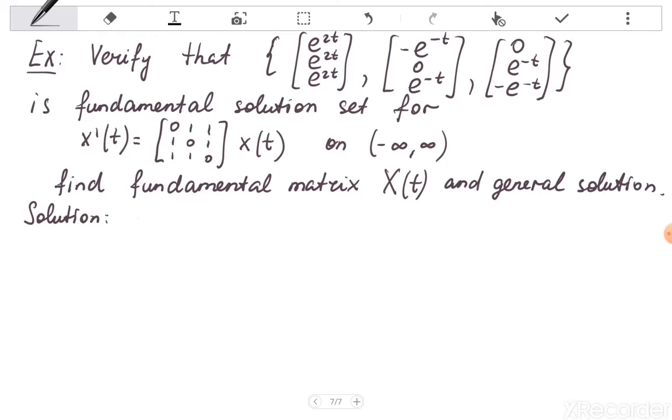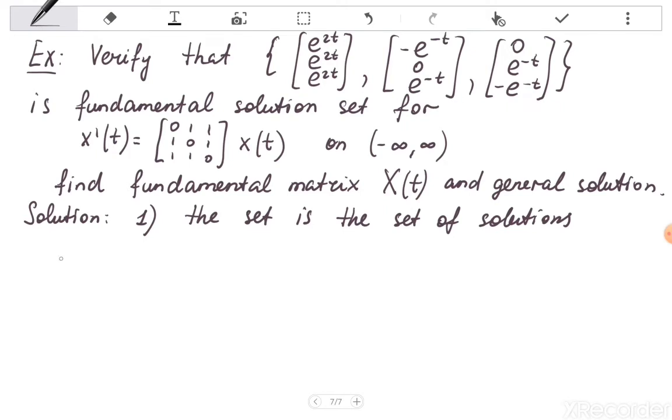Fundamental solution set means two things: that the set is the set of solutions, so we must check each vector here that this is indeed a solution of this system.